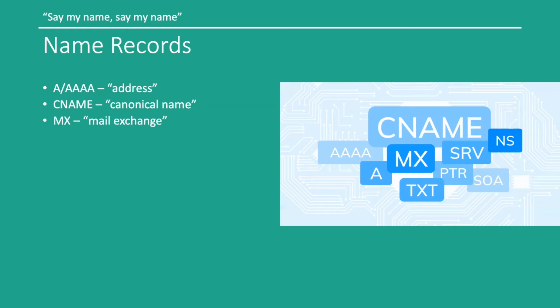Another record we have are MX records, which stand for mail exchange. And mail exchange records are basically how you can do email and set up email routing.